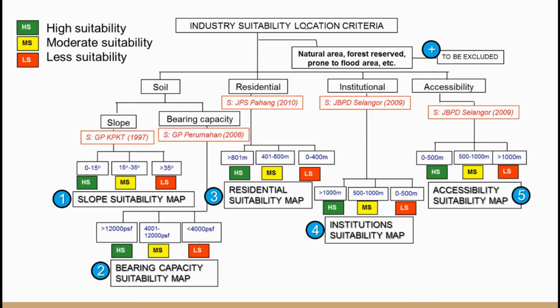Okay. Kemudian untuk residential kita ada residential suitability map. Untuk institutional kita ada parameters. Ini adalah parameters yang kita panggil. Dan juga accessibility, dia punya accessibility suitability map lah. Dan jangan lupa kita ada excluded tadi, yang kita kata natural area, forest reserve and prone to flood area.